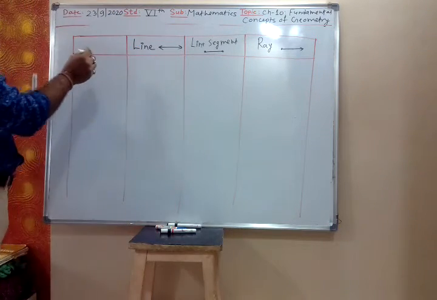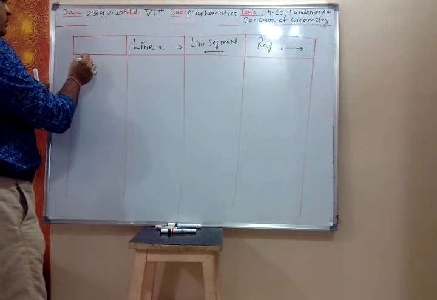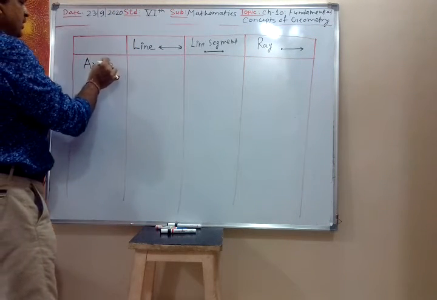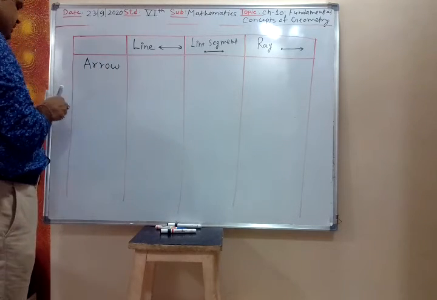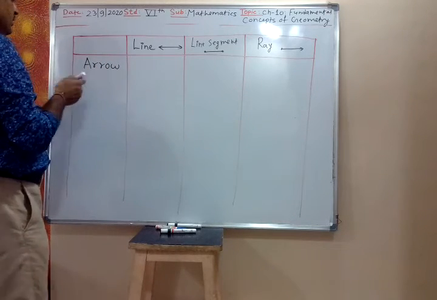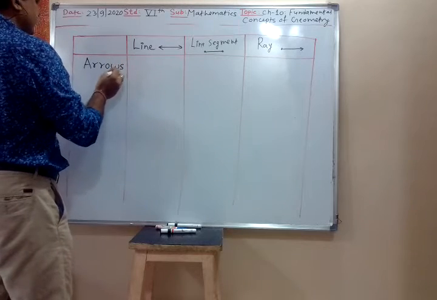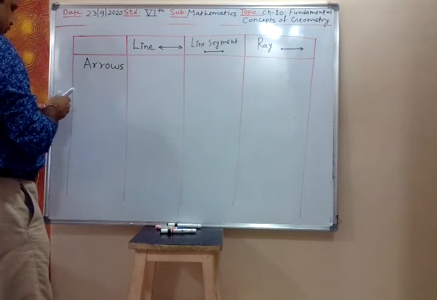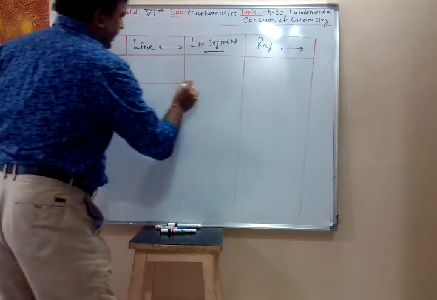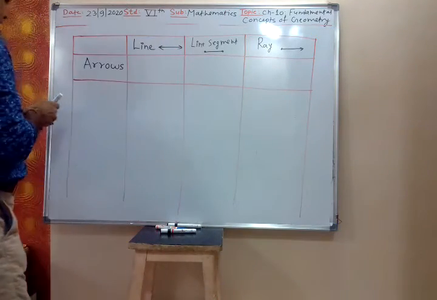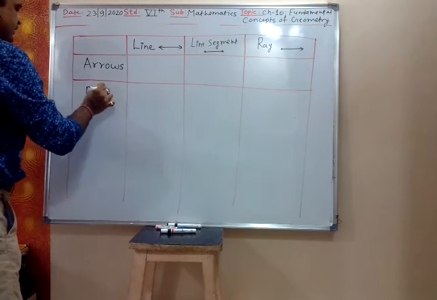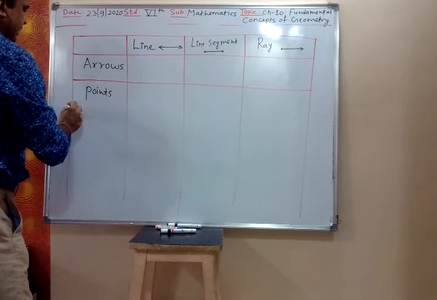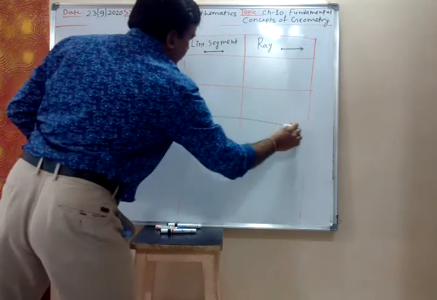Now first we write arrows, on another page. Then we write points.